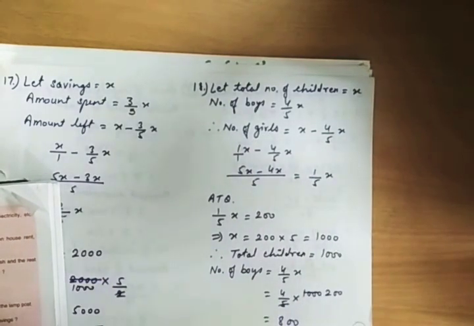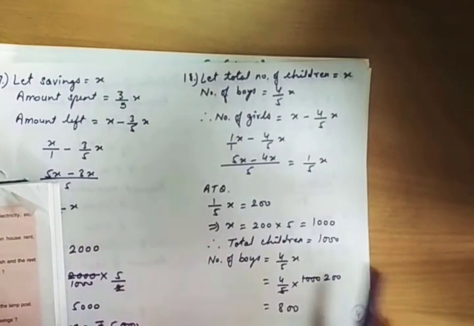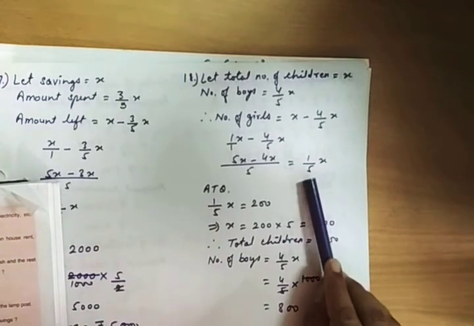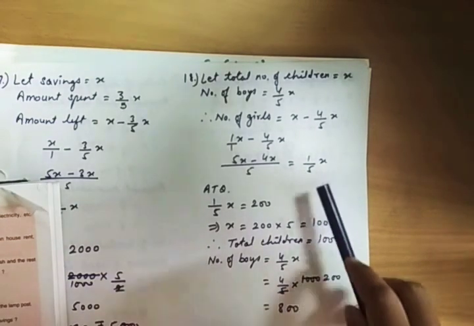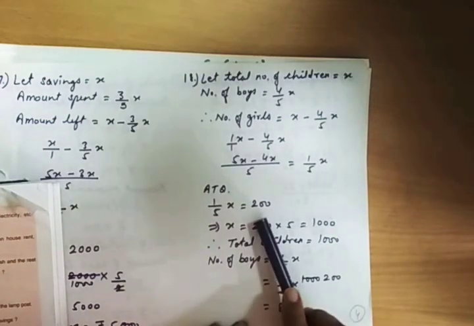Now if we read the second line of the question, it says if the number of girls is 200, that means number of girls are given as 200. Now this is the fraction of number of girls. So according to this, number of girls is 1 by 5 x. And according to the question, number of girls is 200.